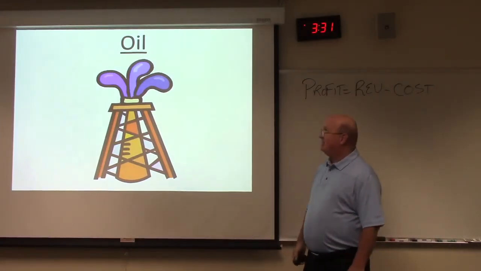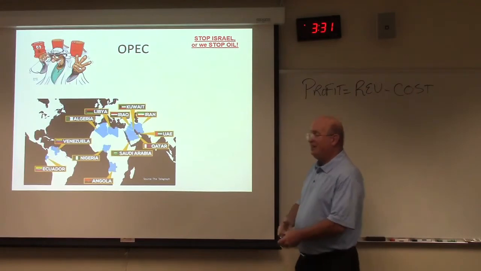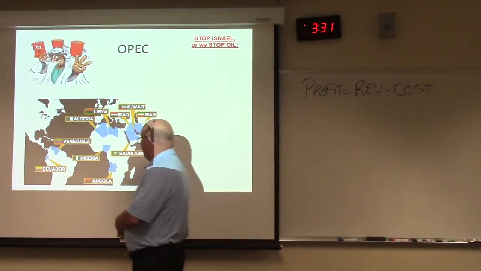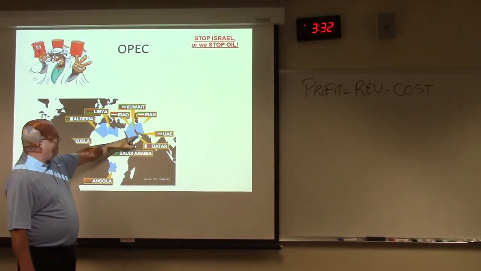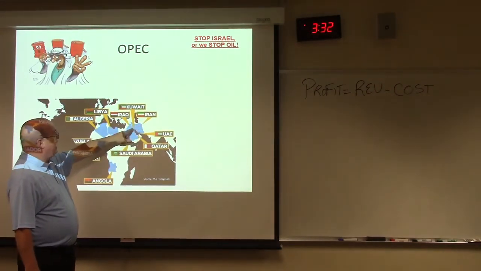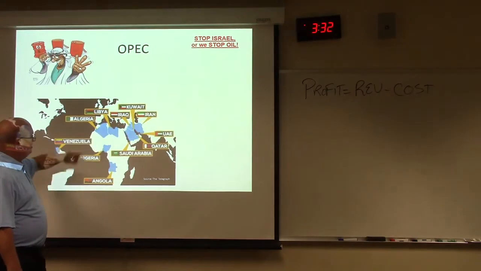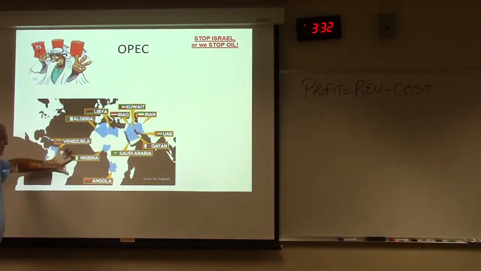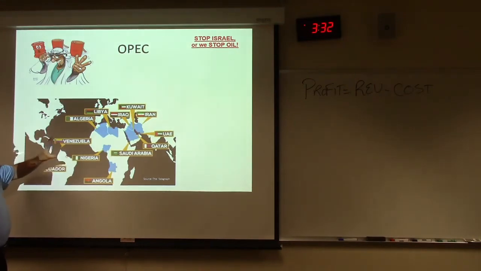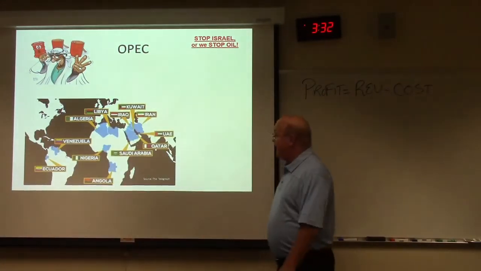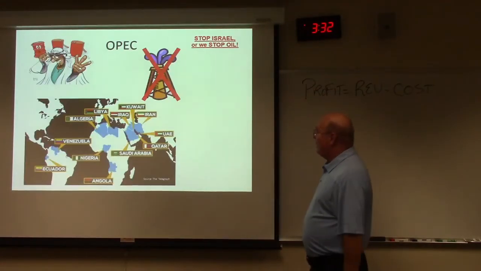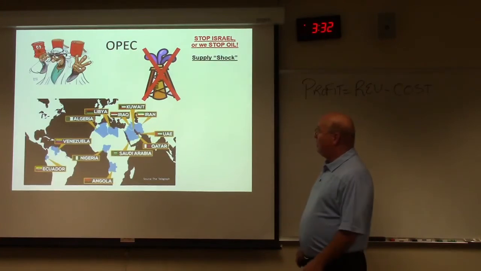What they did was they went ahead and told the U.S. Now, remember, oil, OPEC: Saudi Arabia, Qatar, UAE, Iran, Kuwait, Iraq, Libya, Algeria, and then a few other countries over here. But they basically said, make Israel stop or we're shutting your oil down. We said, nah, we ignored them. And they said, okay, no oil.